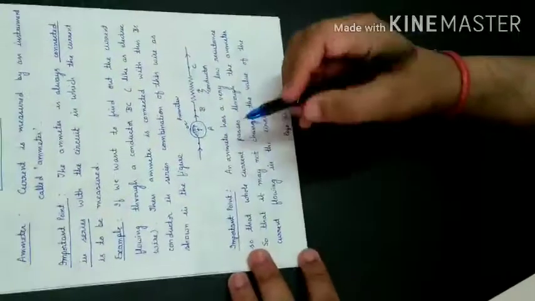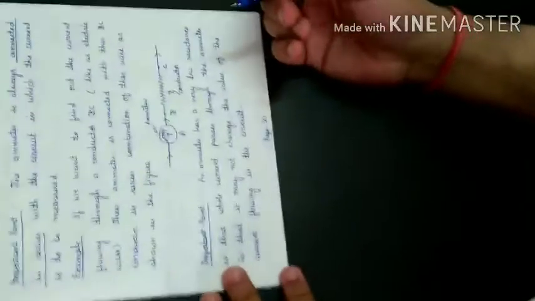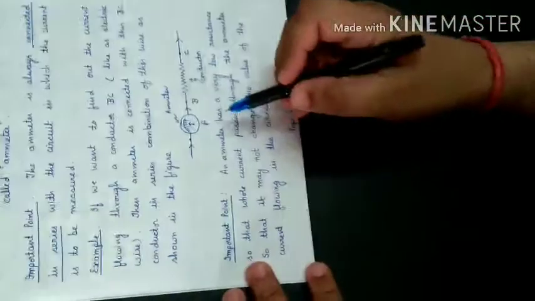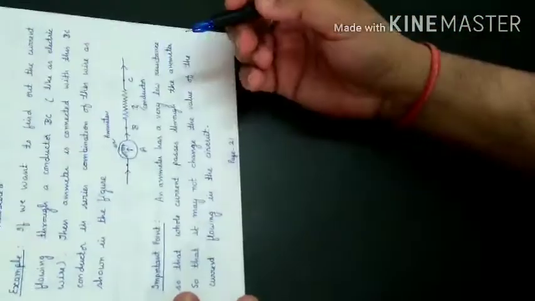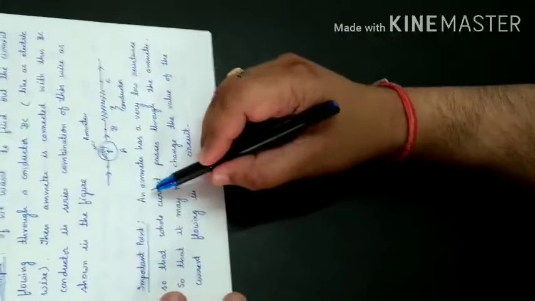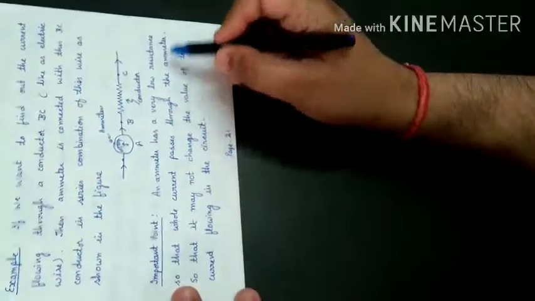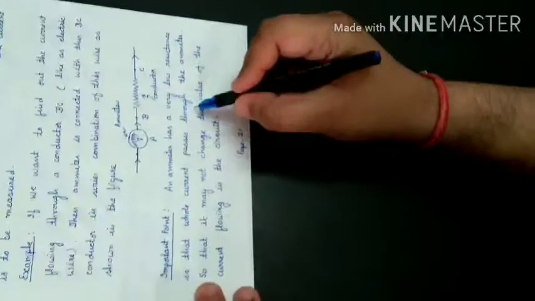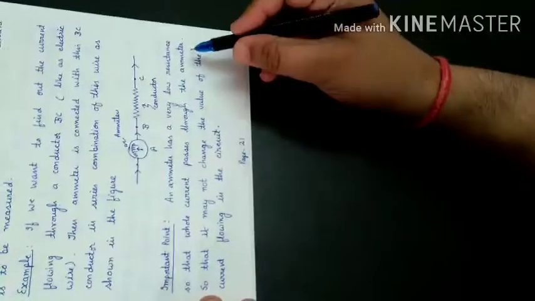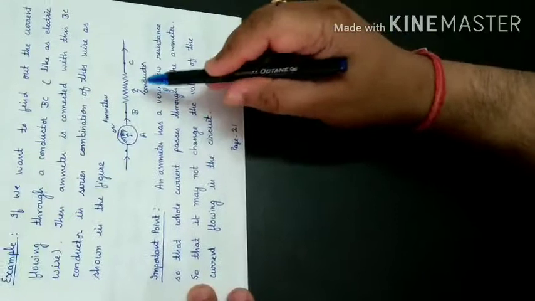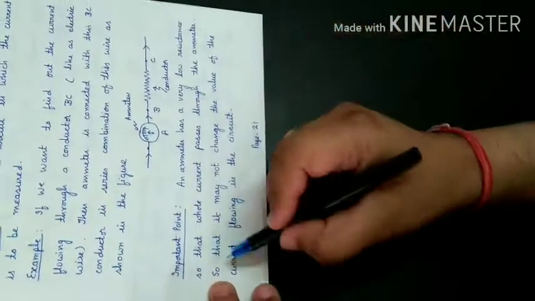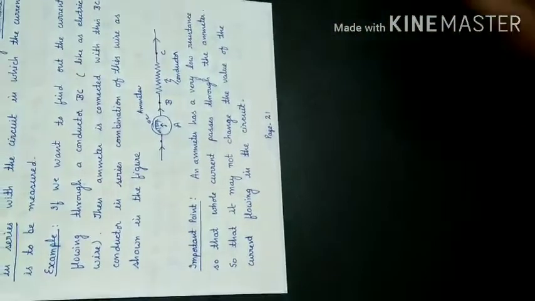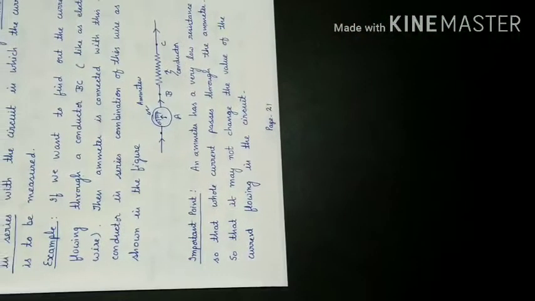Important point again: why is the ammeter kept in series combination? In the previous lecture we discussed that a voltmeter is kept in parallel combination. An ammeter has a very low resistance so that the whole current passes through the ammeter, and that's why the ammeter is always kept in series combination, so that it does not change the value of the current flowing in the circuit.